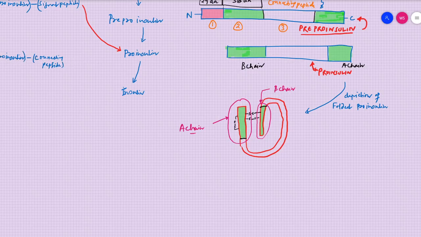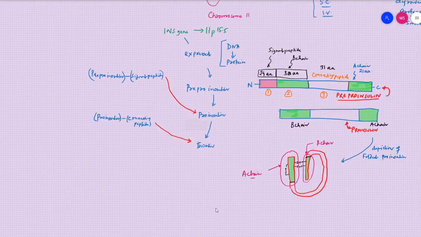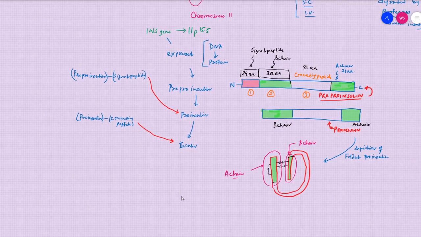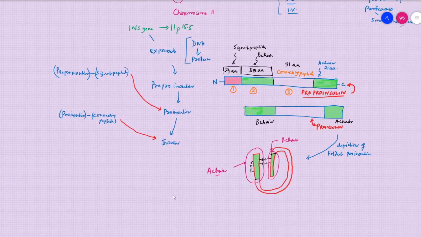Okay, what do we end up with? We end up with insulin. Okay. So this is the sequence of events that take place within the pancreatic cell.